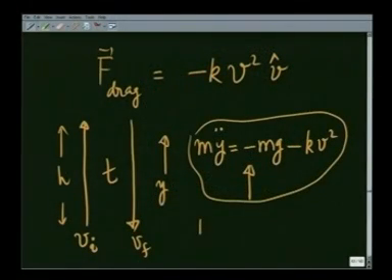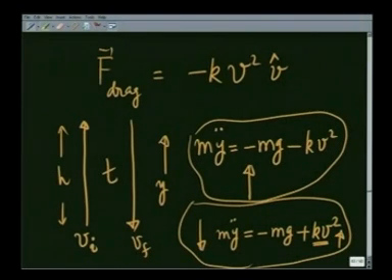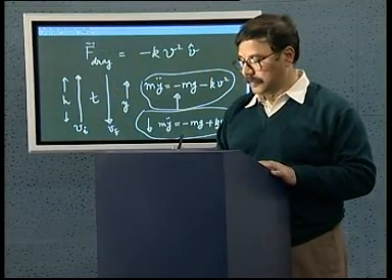When the particle is coming down, I would have m y double dot is equal to minus mg plus k v square, because in that case the force, drag force, would be acting in upward direction. That is why I took this particular example. So, let us see how do we go about solving this.